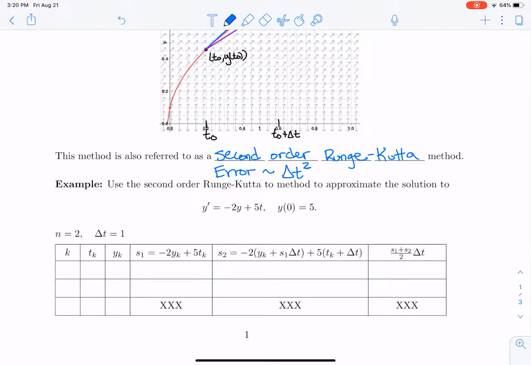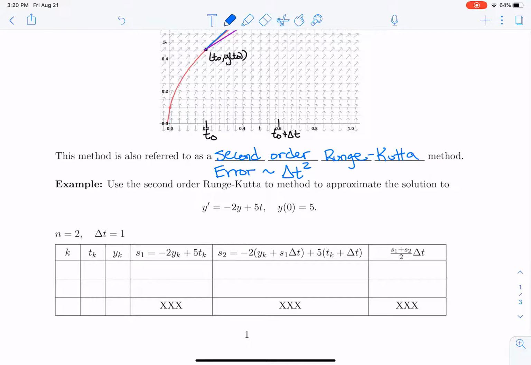That meant that if we cut our time step in half, then that was going to cut the error in half. Well, in this case, our error is proportional to delta t squared. So that means that if we divide our time step by 2, that'll actually cut our error by a factor of 4.